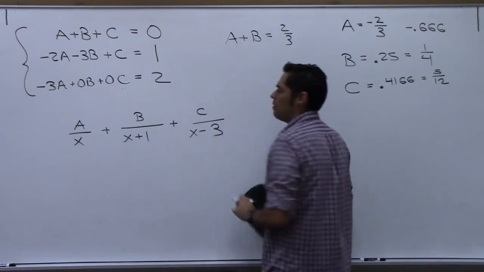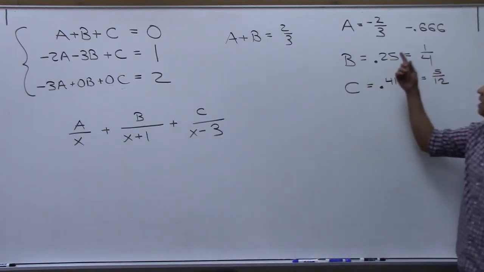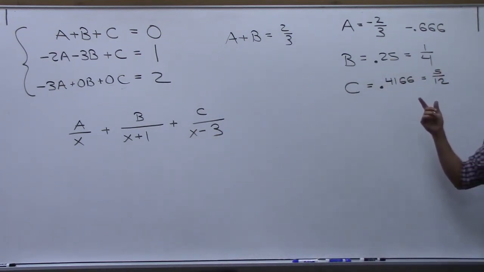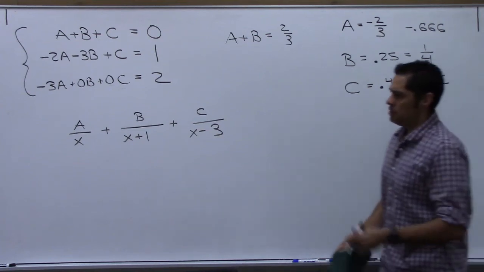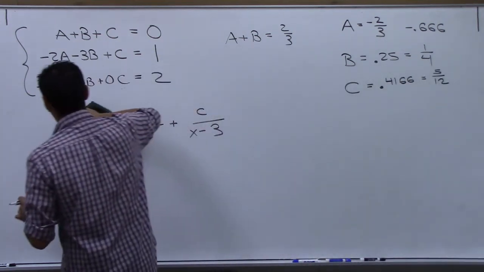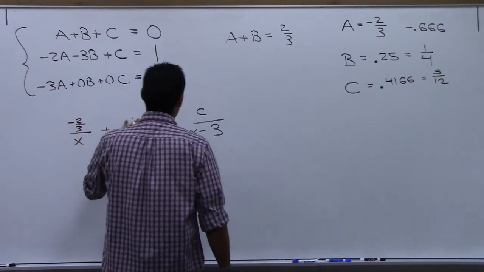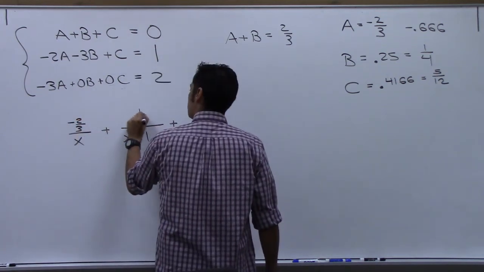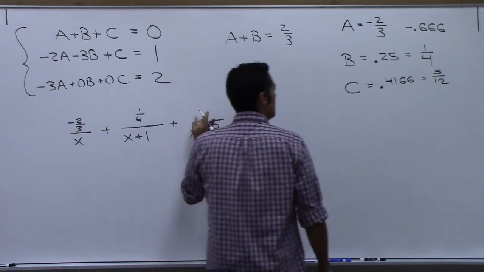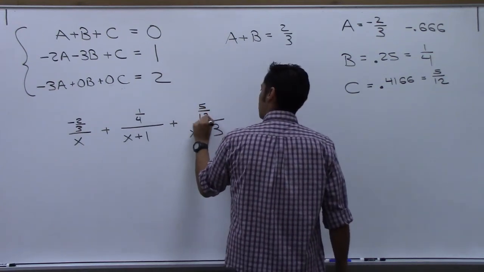So if A is the fraction negative 2/3, then you could write this, and this is totally acceptable to write, 2/3 negative right there. If B is a quarter, you put just 1/4 here. And then C, 5/12, you can just put it like that.